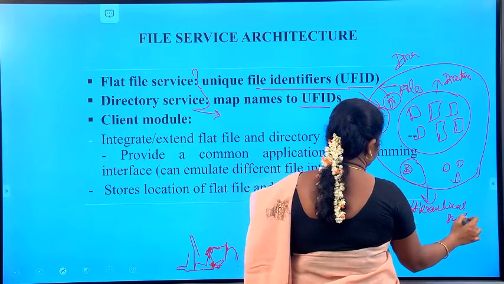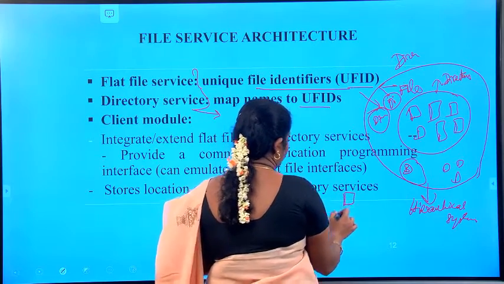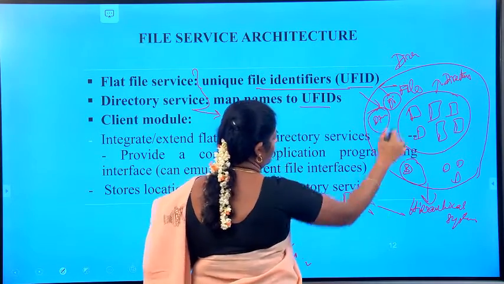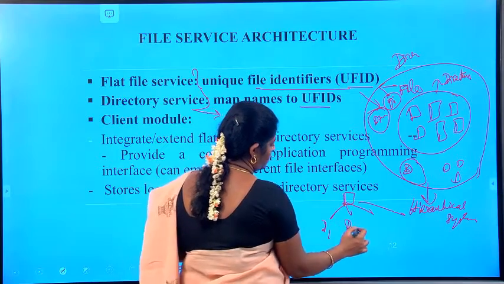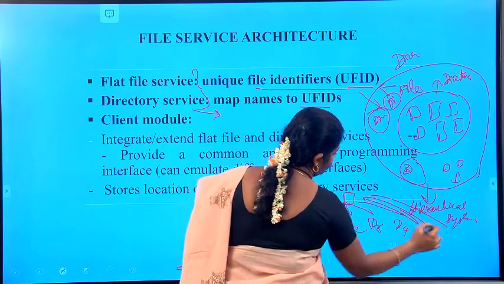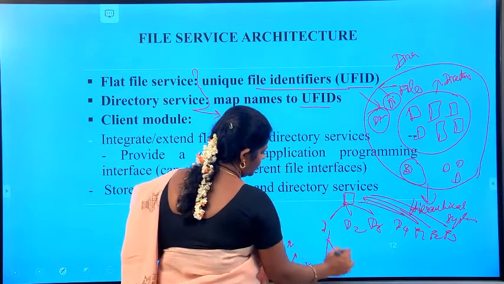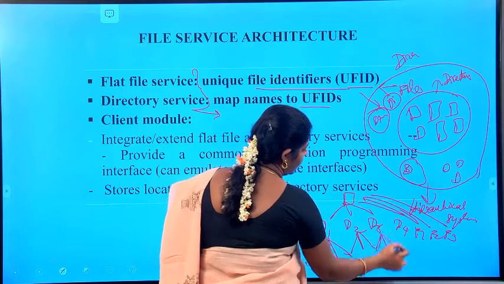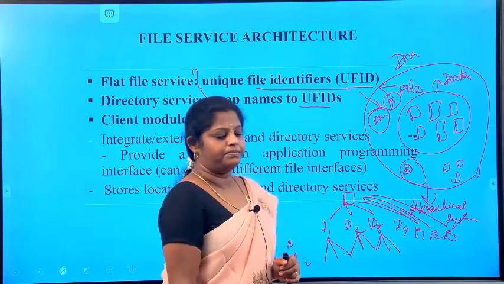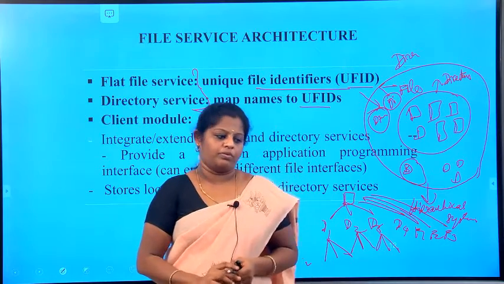For example, this is a root directory, and under it we have four directories, D1, D2, D3, D4, and some files, F1, F2, F3. Again in each directory you have some files. So this looks like a hierarchical system.